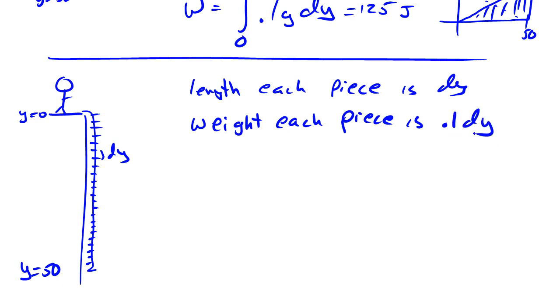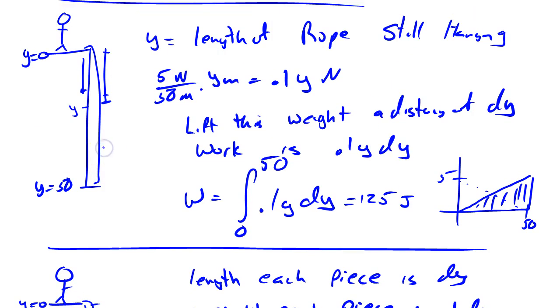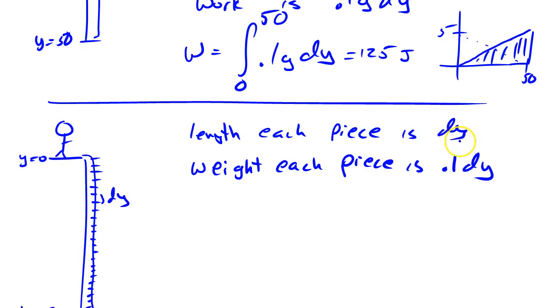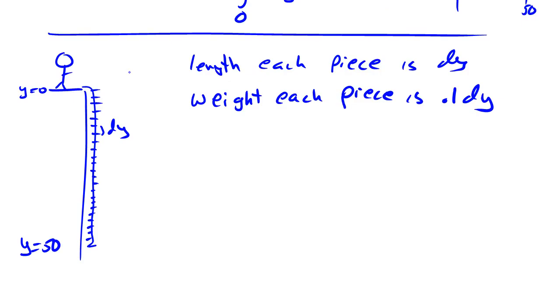And remember that 0.1 came from the calculation up here that we did. We knew that the total was 5 newtons. The total length was 5 meters, so it's actually 0.1 newtons per meter. And so if the length of the piece is dy meters long, then dy times 0.1 should be the weight of that piece.